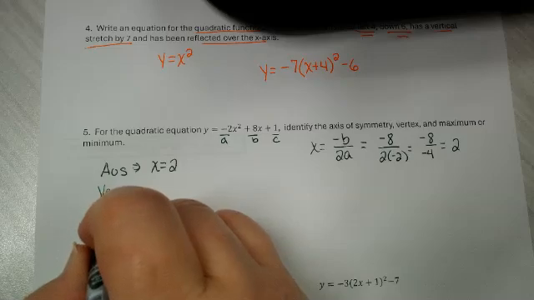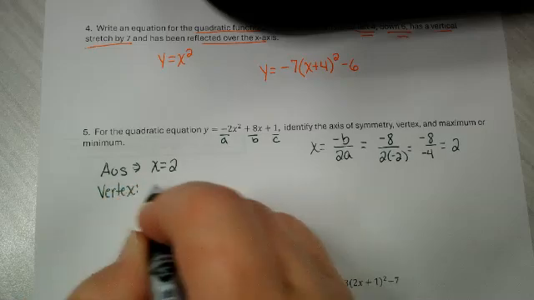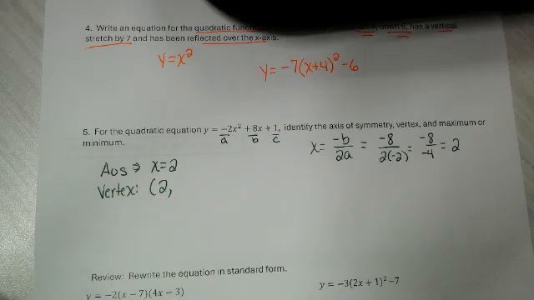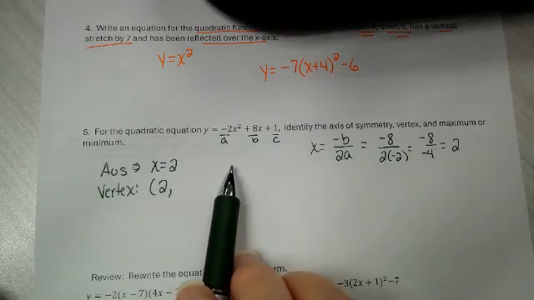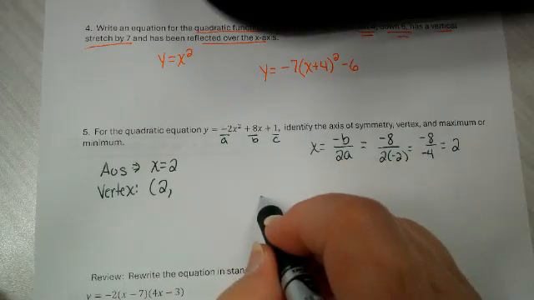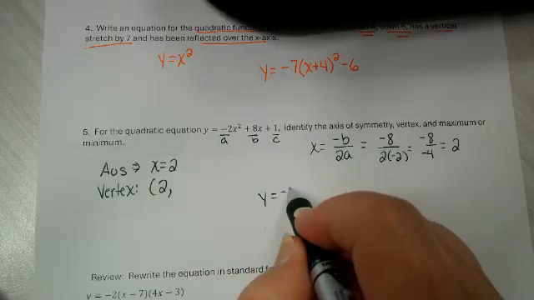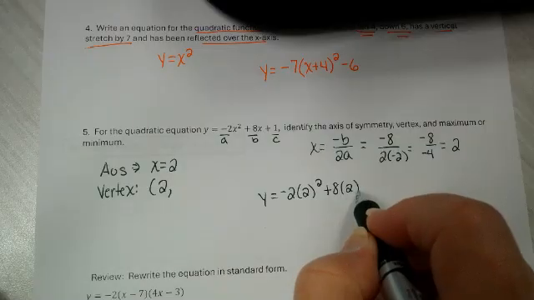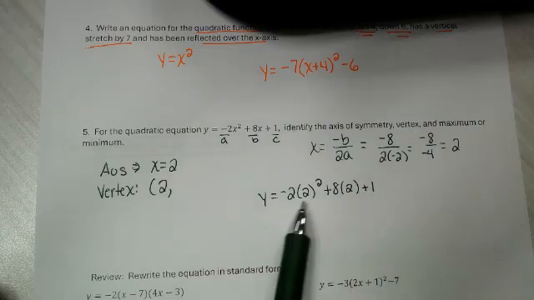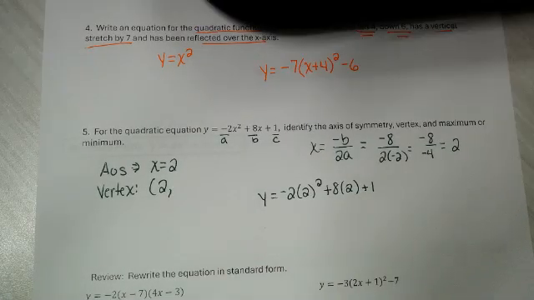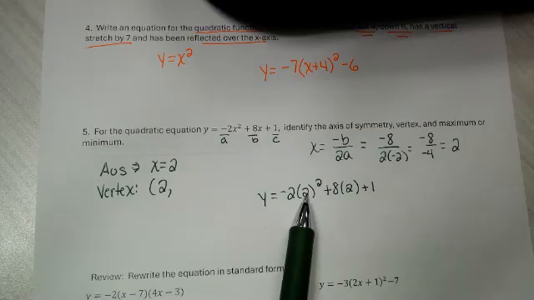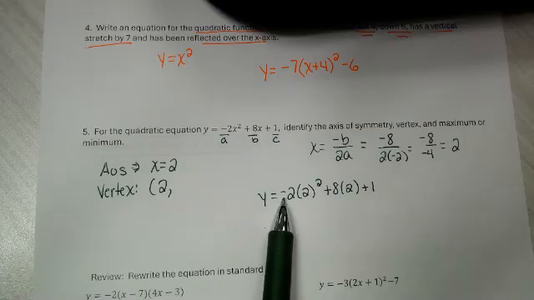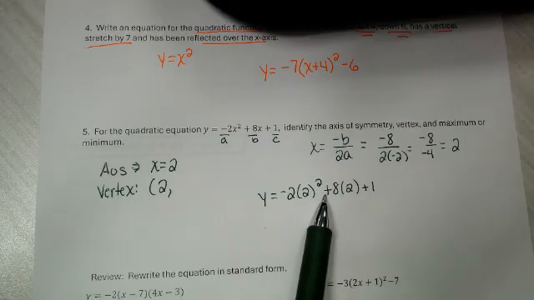So my vertex, I know the x coordinate of my vertex is 2. And I just need to find out the y coordinate of my vertex. So I'm going to plug my 2 into this equation and see what the y coordinate is. Let's see, 2 squared is 4. 4 times -2 is -8. Plus 16 is 8.